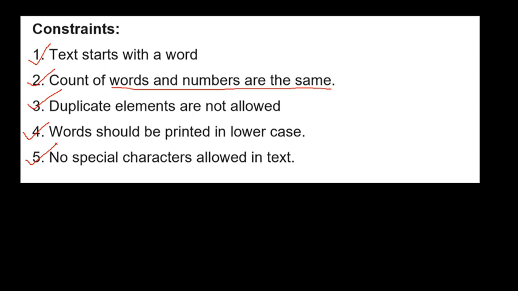If you have one word, you'll definitely have one matching number. The third point, you will not have any duplicate elements. So don't bother about repetition here. And fourth point, when you print the output, print it all in lowercase. Fifth point, no special characters are allowed in the text. So all these should be followed in the input and output.